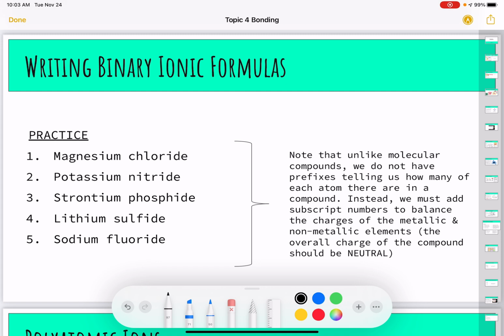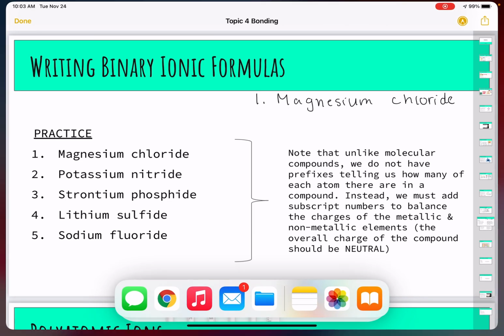So let's do at least the first one on this page. I'll do it at the top here. So we're going to do number 1. Number 1 is magnesium chloride. So our first step whenever we're doing these is we're going to have to look up what the symbol is for magnesium and what the symbol is for chloride.